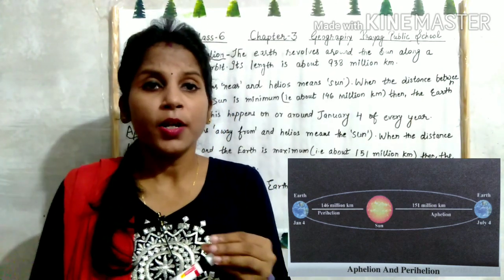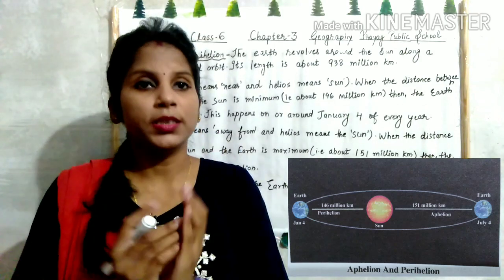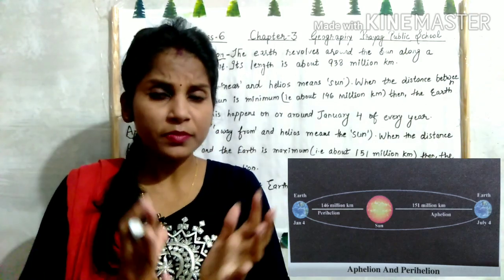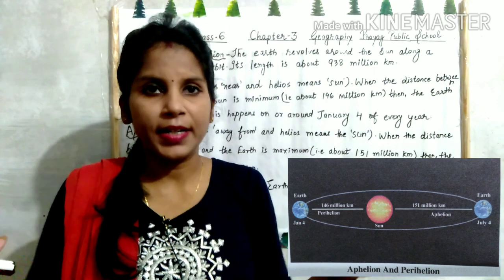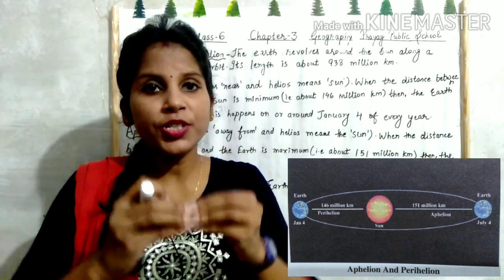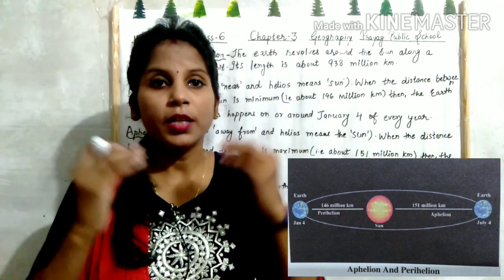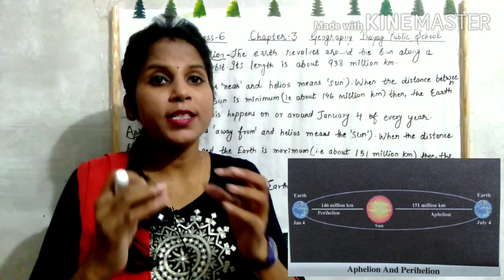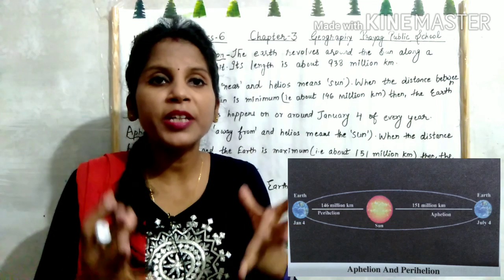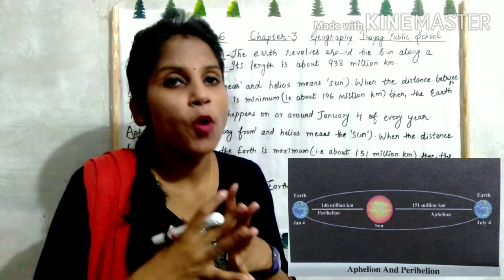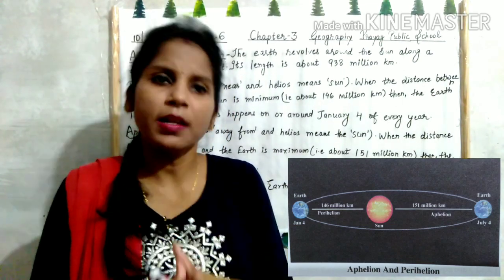Okay? And we all know that the shape of the Earth is not properly a sphere. It is flattened at the poles and bulged at the equator. Then the orbit of the earth is oval shaped, elliptical shape, इसलिए हम orbit को ellipse भी कहते हैं.